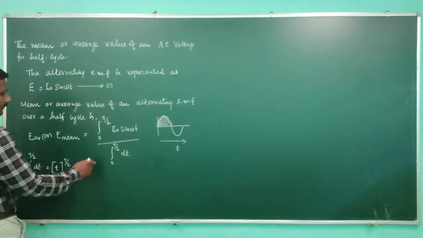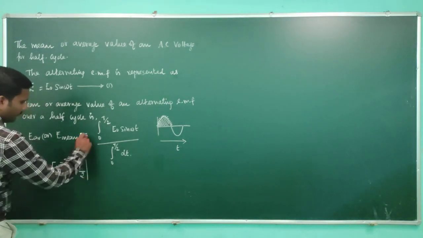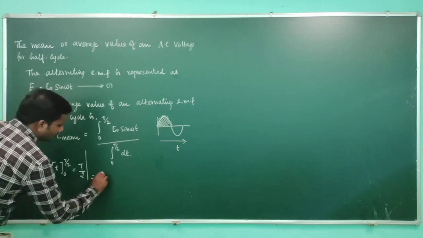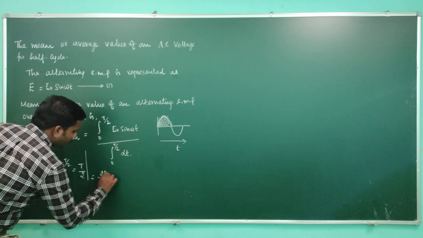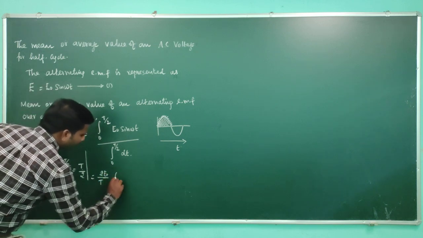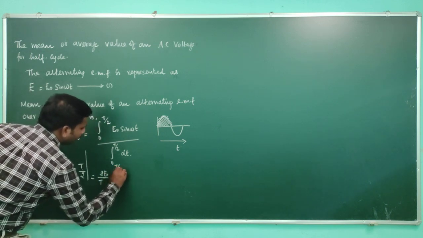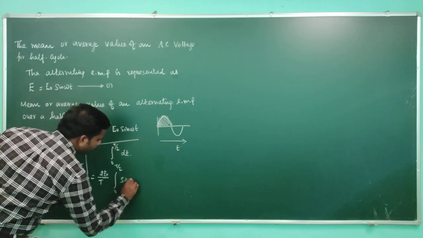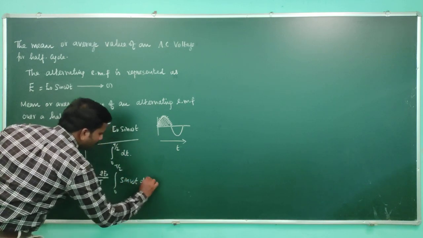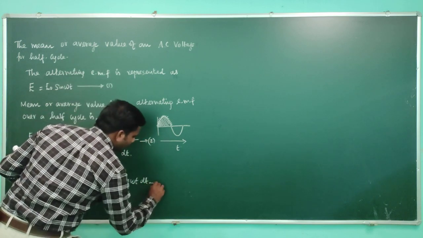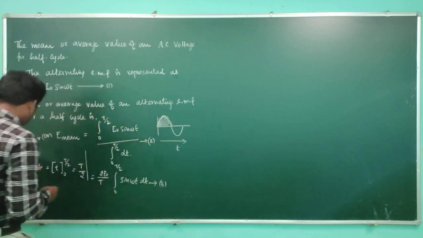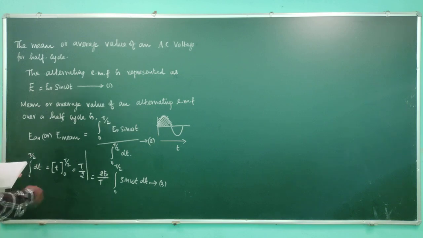So with T by 2 in the denominator, we can write this equation as 2 by T, and we can take the E naught outside, so 2 E naught by T, integral over 0 to T by 2 of sin omega t into dt. So this is equation number 2 and this is equation number 3.